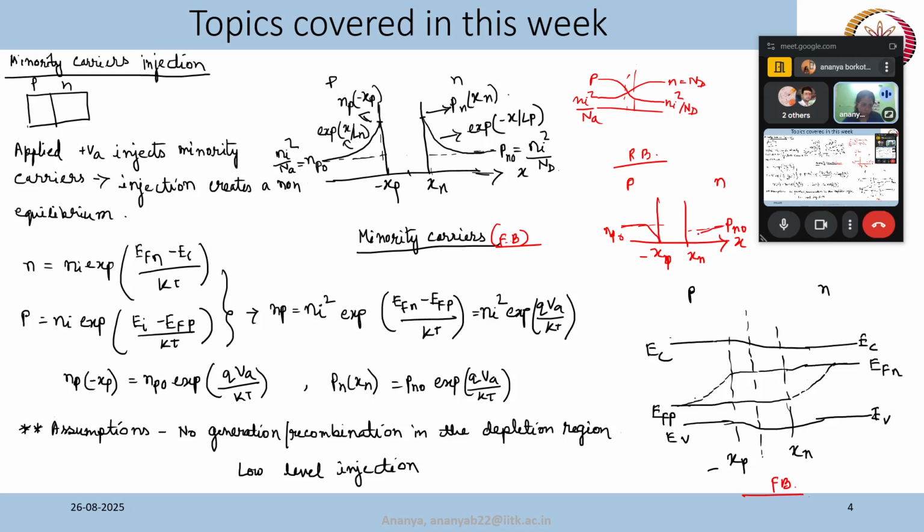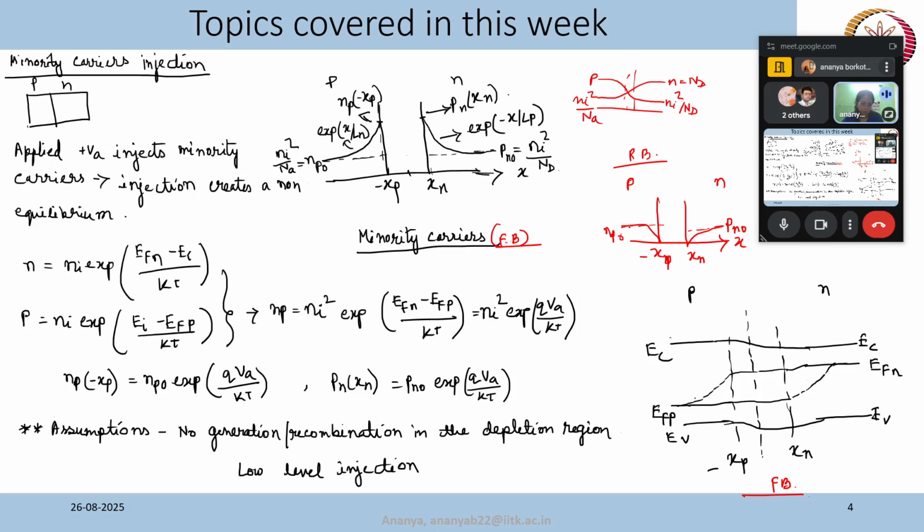Minority carrier concentration is actually 0 at this position, because the minority carriers are moving because of drift towards the other side. So that is why the concentration is 0 here. I hope you remember the diagram from the lecture videos.